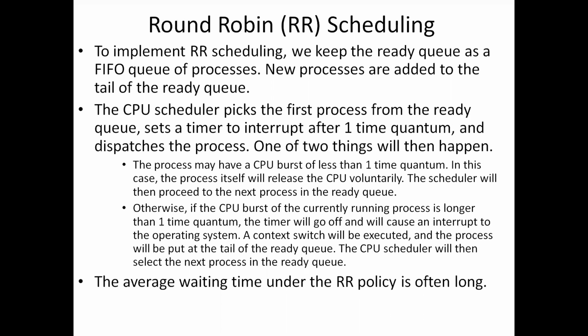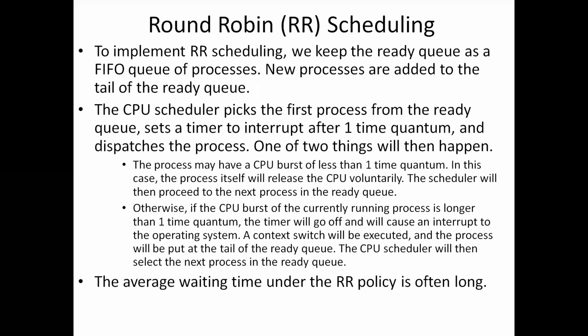A context switch will be executed and the process will be put at the tail of the ready queue. The process is preempted from the CPU, and after the execution of all the remaining processes in the ready queue, it will again get time for execution by the CPU.